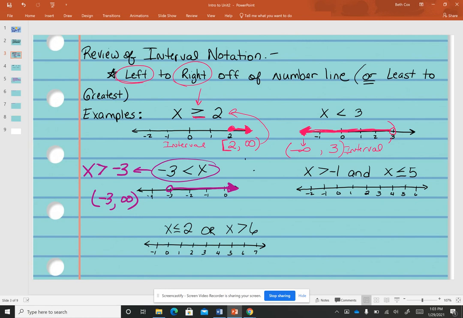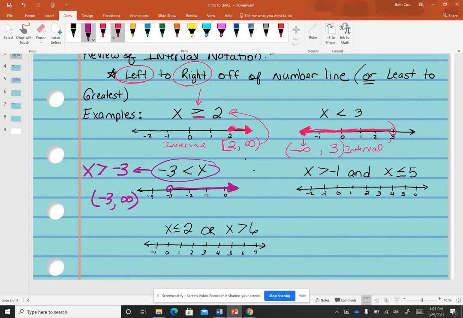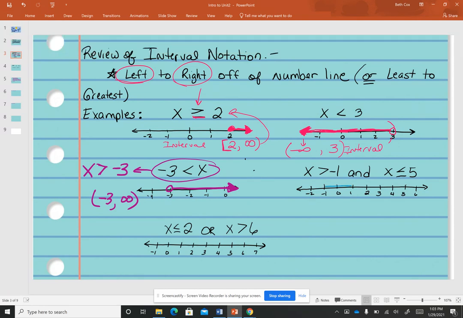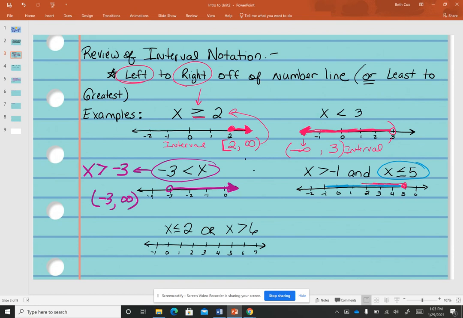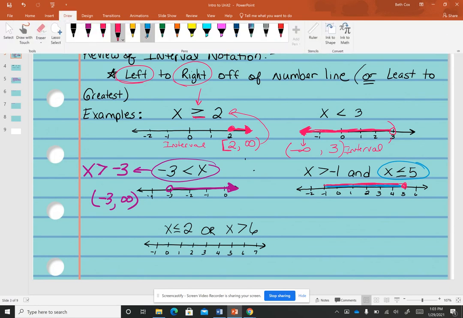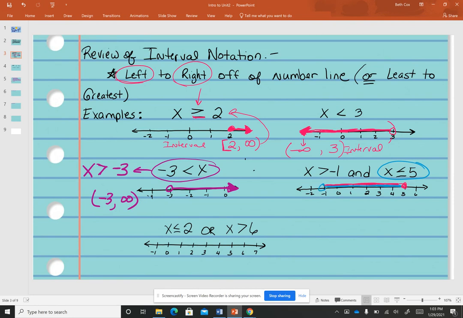So x is greater than negative 1. I'm going to color that one a particular color. I'll color that one blue. So x is greater than negative 1 would be these numbers here, but lo and behold, at the same time, these have to be less than or equal to 5. Okay, so this is an in-between situation. It's greater than negative 1, and at the same time, it is less than or equal to 5.